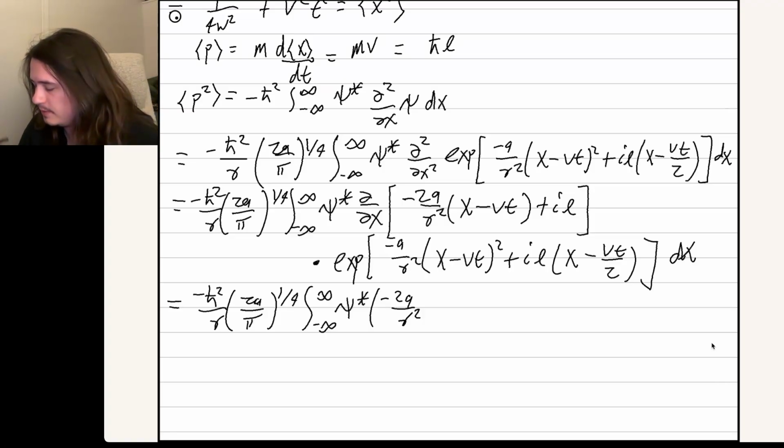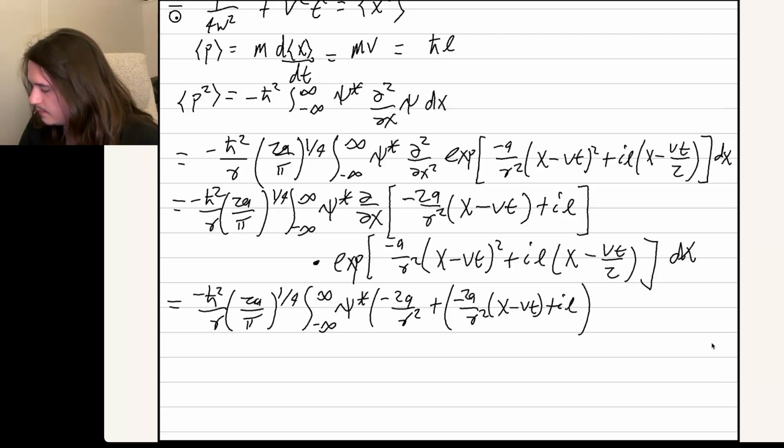And then there's going to be a term which is the square of this, so plus (minus 2a over gamma squared (x minus vt) plus il), all squared, and that's multiplied by the exponent.